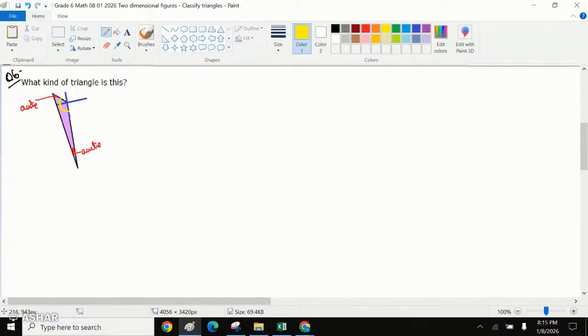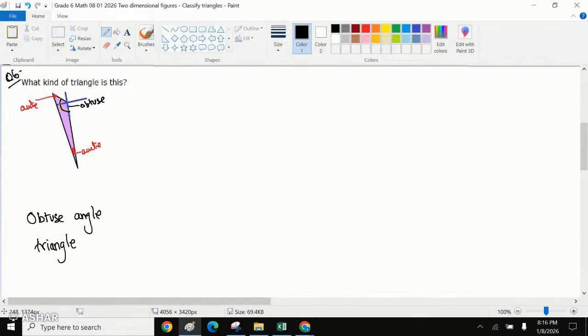Yes, it is more than 90. That means this angle is obtuse. Even if you have a single angle that is obtuse, that would change the characteristics of the triangle, and we will call this triangle an obtuse angle triangle.